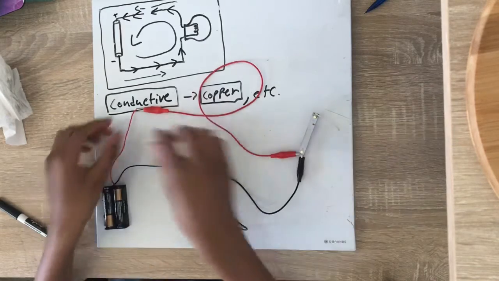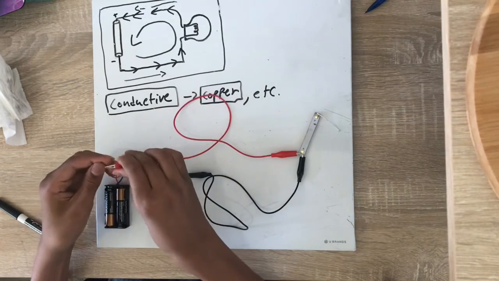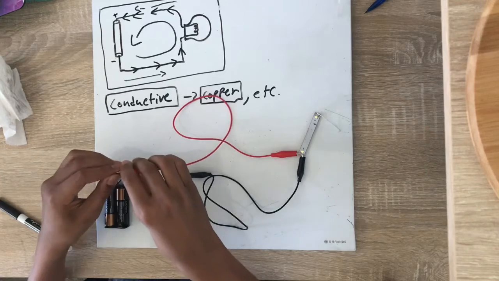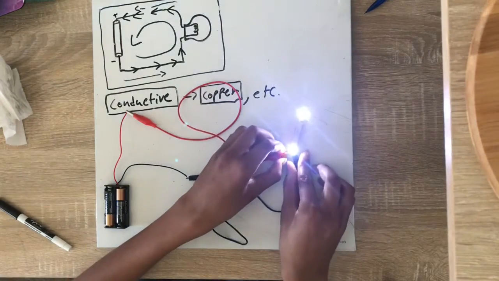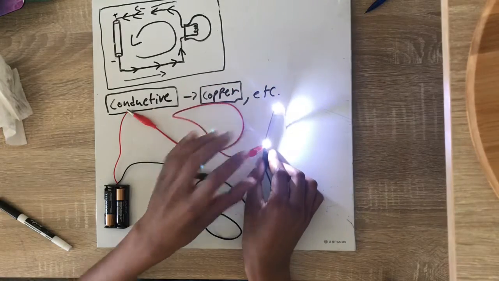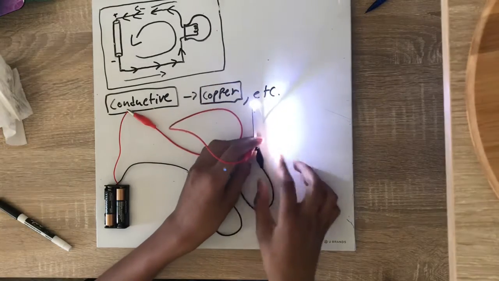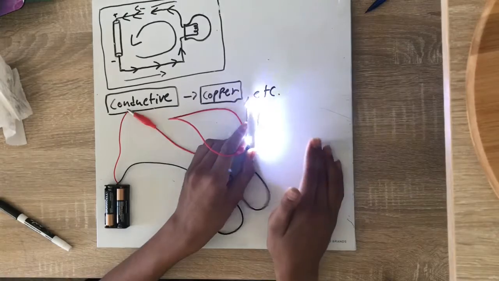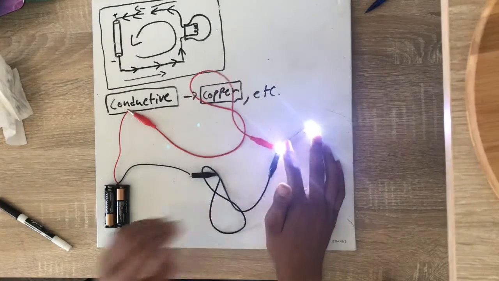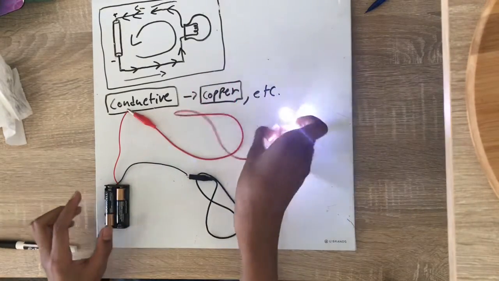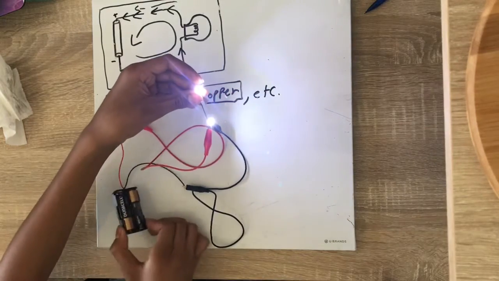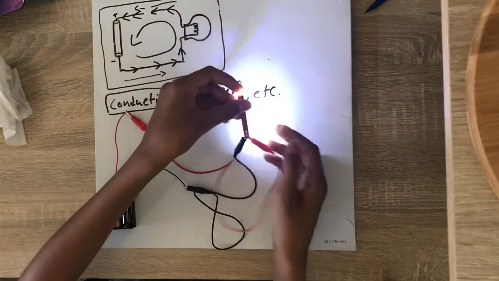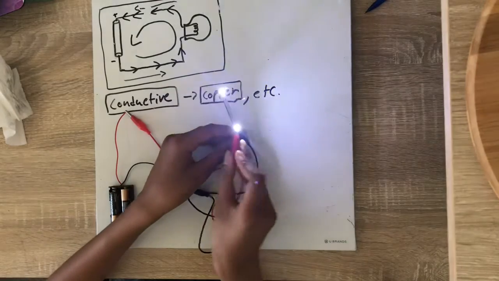Just like that, and it should light up. There you go. You can see that the light has lit up and the electrons are flowing through the negative side here, going through the light, and coming back into the battery. So that was a very simple demonstration of how the circuit works.